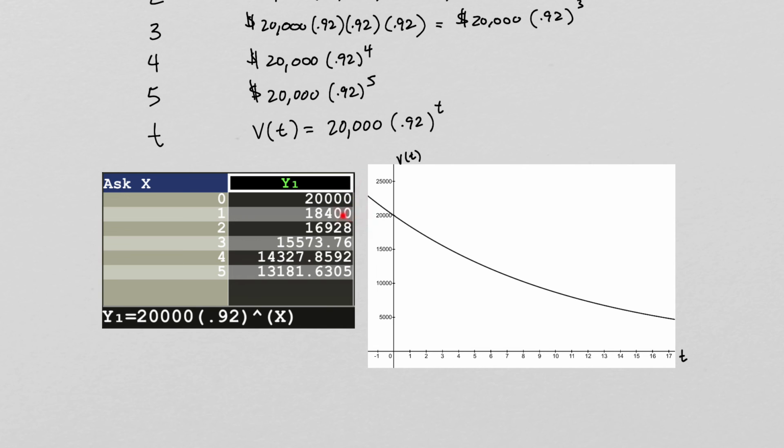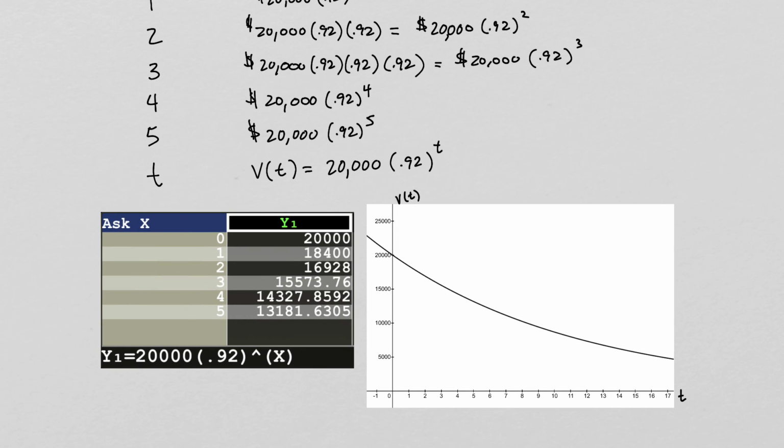After 1 year, it's worth $18,400. After 2 years, $16,928. After 3 years, $15,573.76. After 4 years, $14,327.86. And after 5 years, $13,181.63. And here's a graph of that function.